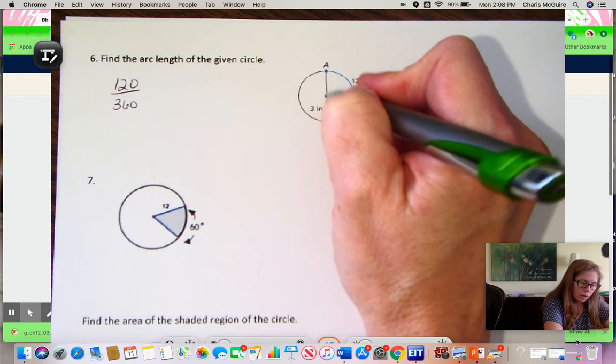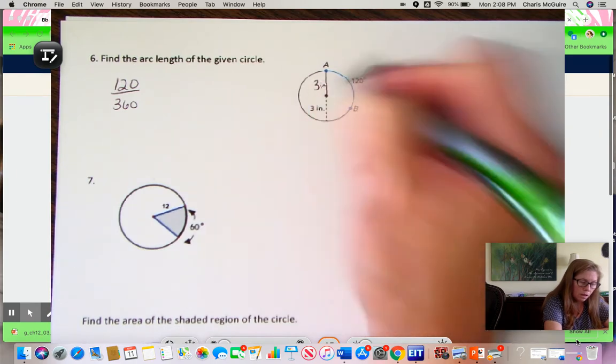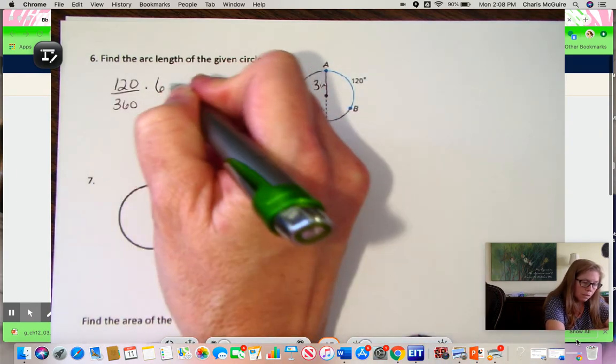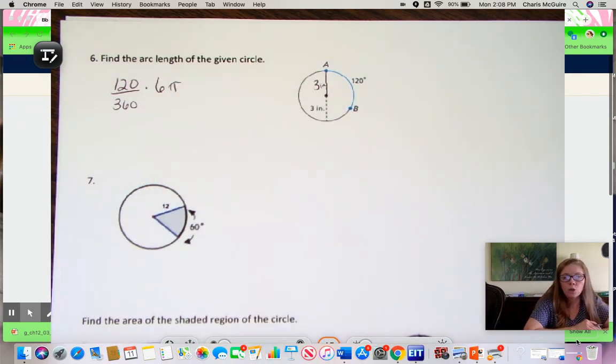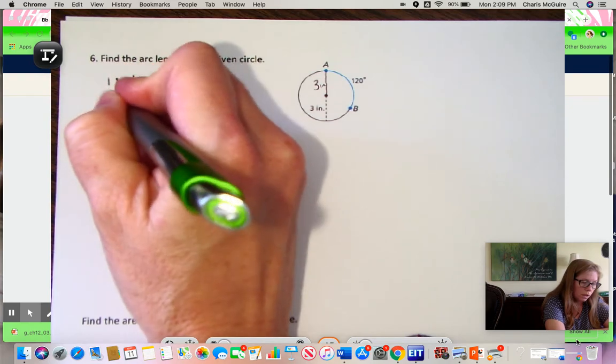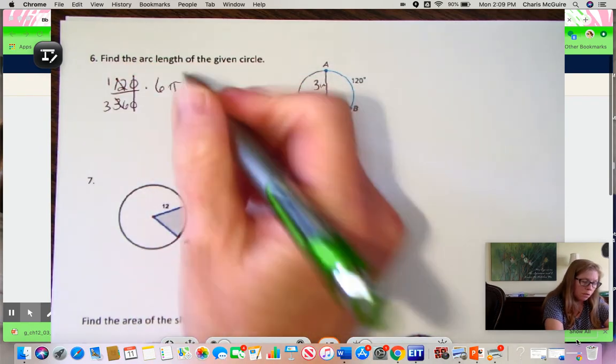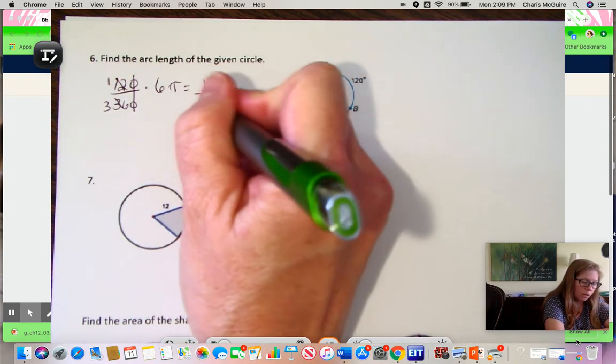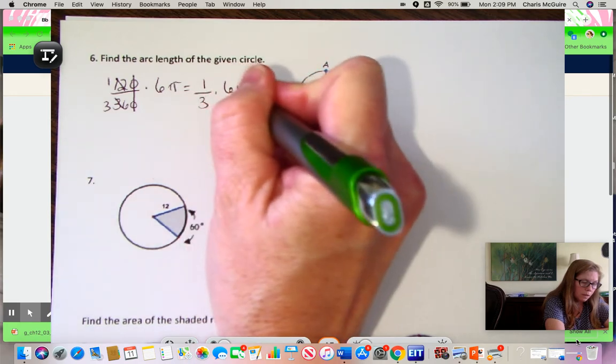The diameter has another 3 inches here. So that is times 6 pi. That's your circumference, right? We're doing the part of the circumference. Now, this one's nice. The zeros cancel, and you should know that 12 times 3 is 36. So this is 1 over 3. So you're really looking at 1/3 times 6 pi.